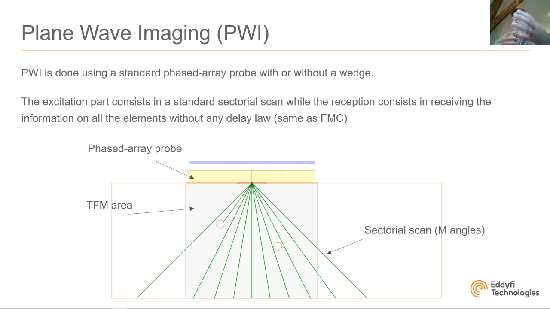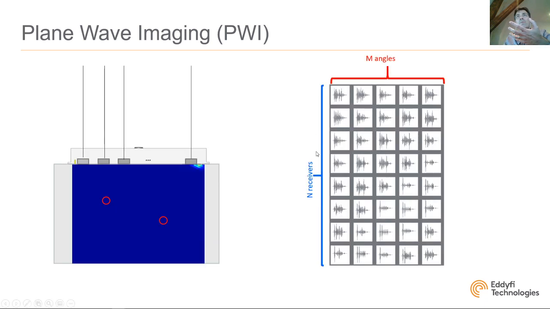So if you try to save your matrix, we have less angles, we have the same number of receivers, but our matrix is much smaller. So as we save the data, for each position, we will have less data. Still, that will be quite big, but it will be more manageable.